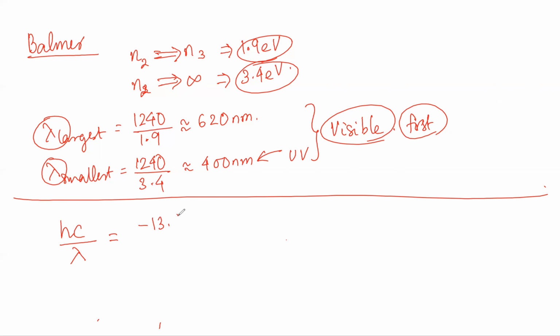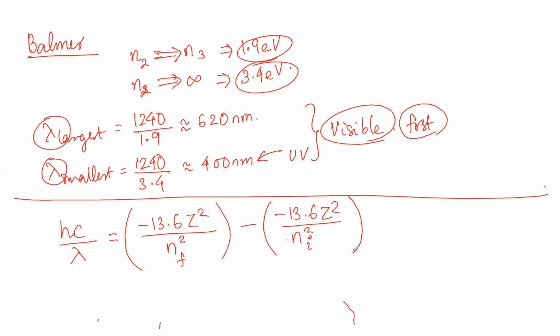So minus 13.6 z square divided by n square final, minus again that same thing, orbital energy, minus 13.6 z square divided by n square initial. So he said 1 by lambda is equal to minus, not hc divided by, sorry, h into c multiplied by 13.6 multiplied by z square into 1 by n final square minus 1 by n initial square.